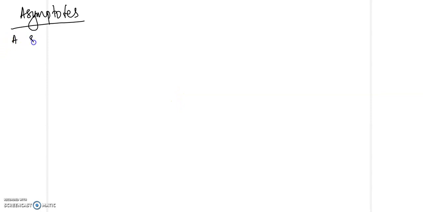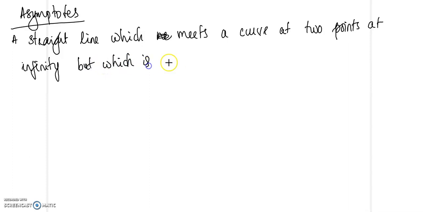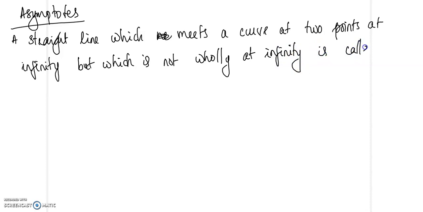A straight line which meets a curve at 2 points at infinity, but which is not wholly at infinity, is called an asymptote to this curve.